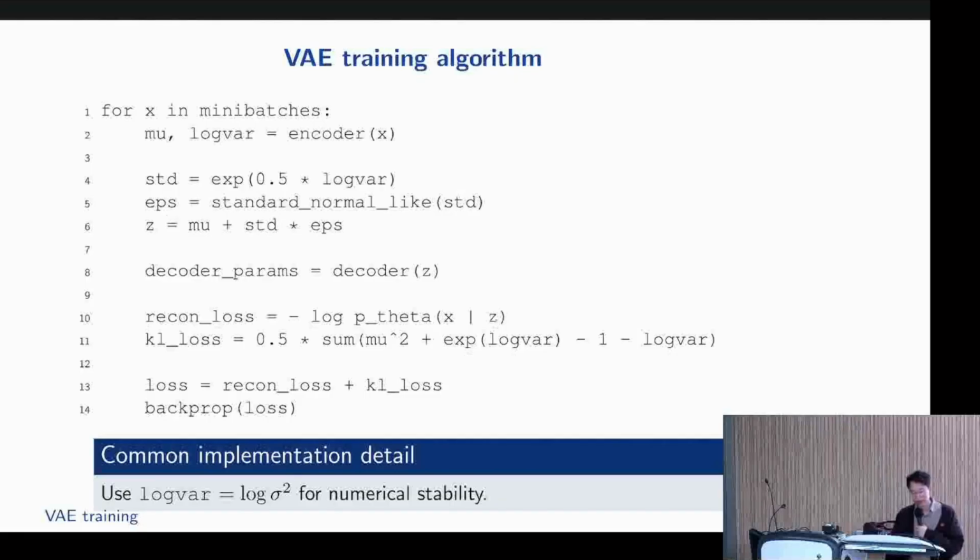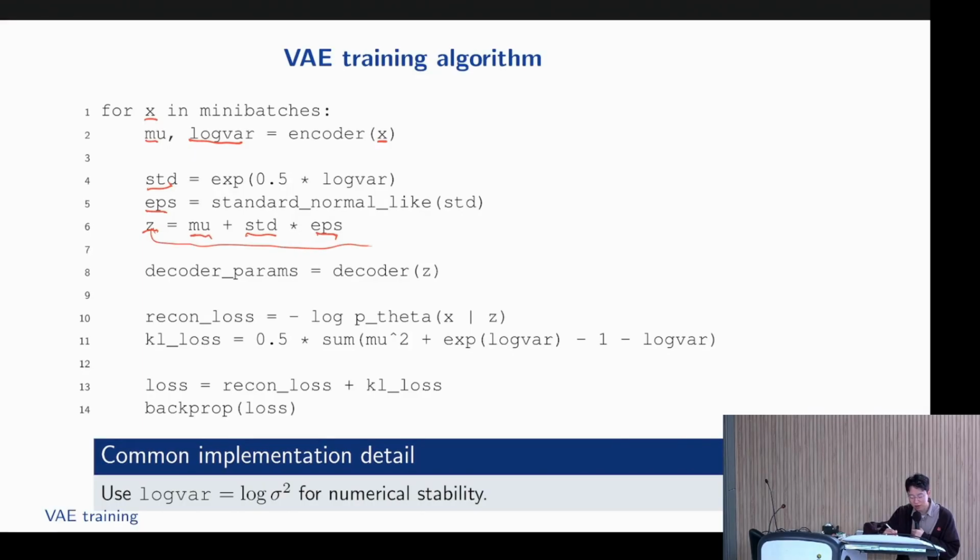So here is the pseudocode for the training procedure. You sample a mini batch of X, and this X gets inserted to the encoder, which outputs the Gaussian parameters mu and log variance, and you compute the standard deviation from the log variance, and you sample epsilon from standard normal, and then you construct Z by scaling the standard normal sample with the standard deviation and shifting by the mean.